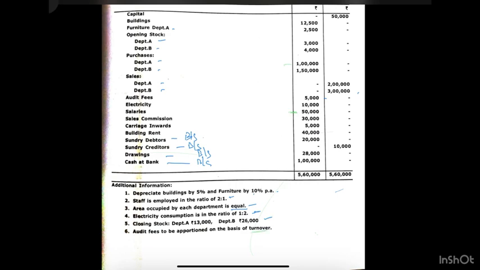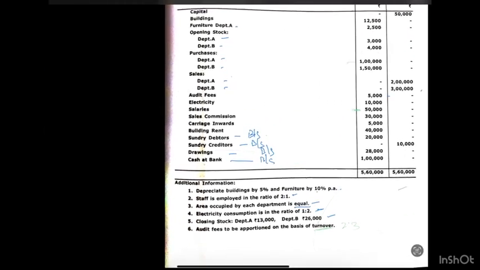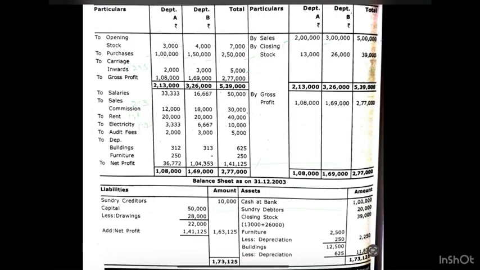It's based on turnover, which means the sales ratio. We have to take the sales ratio, that is 2:3. So the 5,000 is divided in the ratio of 2:3, which becomes 2,000 and 3,000.